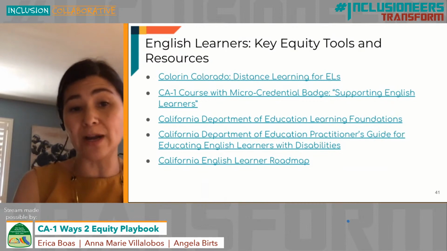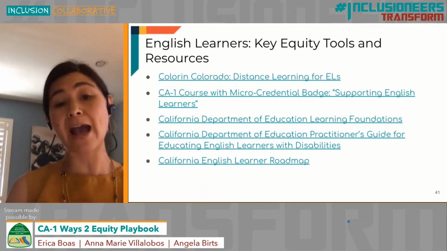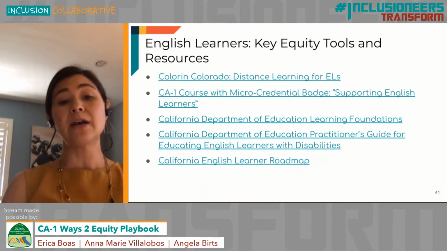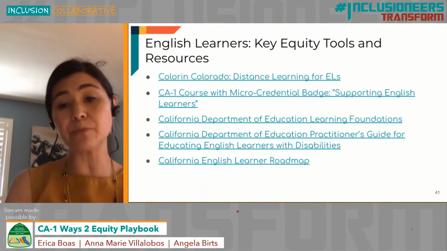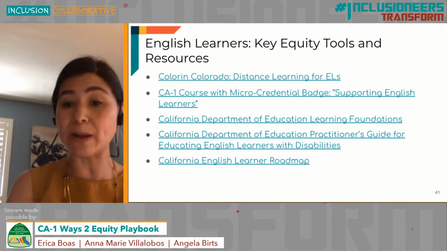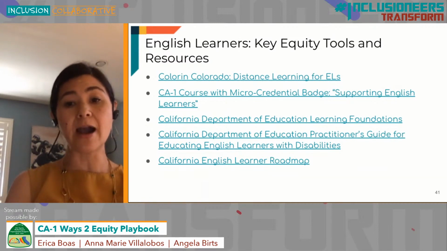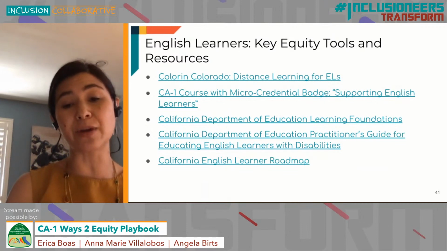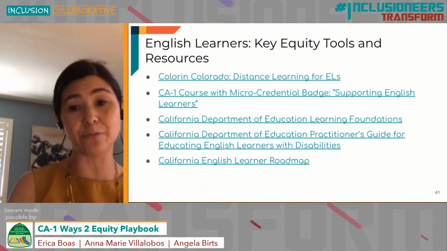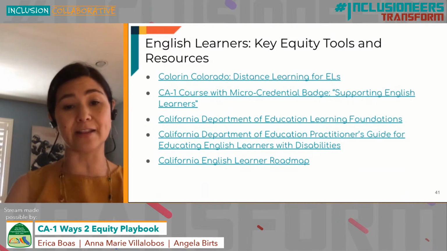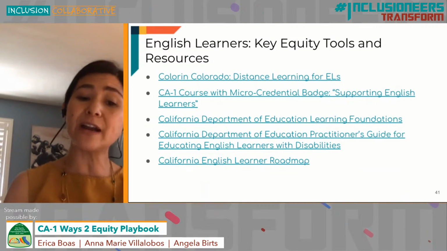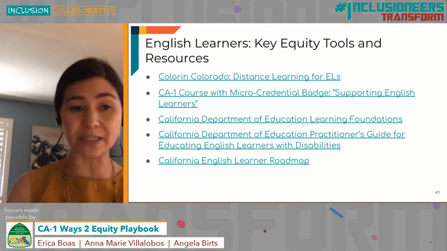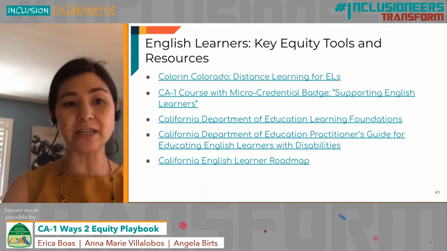The California One has a course with a micro-credential badge called Supporting English Learners. The California Department of Education provides a Learning Foundations website for English learners. And as Dr. Villalobos mentioned, the CDE also has a fantastic and thorough practitioner's guide for educating English learners with disabilities. And finally, there's the California English Learner Roadmap, which again is a robust resource with plenty of tools for supporting English learners.